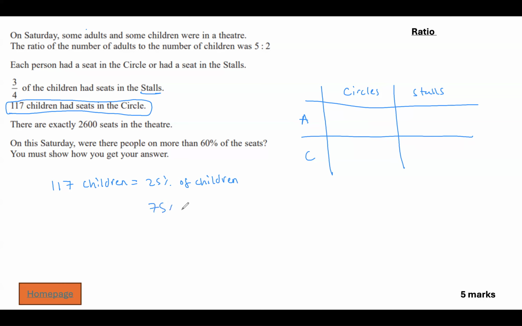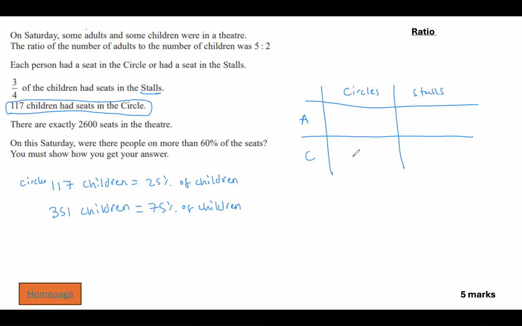So 75% of children in terms of numbers, well, that's going to be 117 times 3, which gives us 351 children. So we can fill this in. So the number of children in the circles, so this was circles.